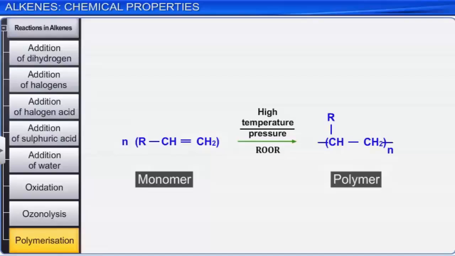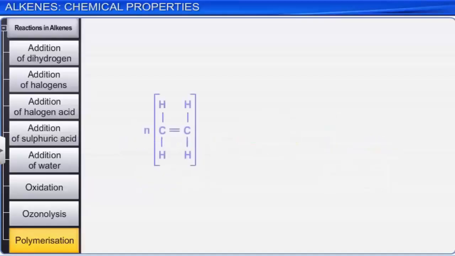The simple compounds which form the polymers are called monomers. For example, ethene, when heated to 1000 degrees Celsius under 1000 atmospheric pressure, undergoes polymerization to form polythene.